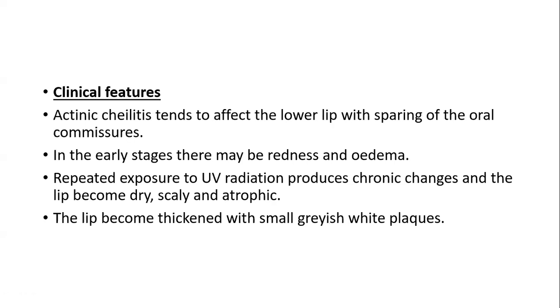Clinical features. Actinic cheilitis tends to affect the lower lip with sparing of the oral commissures. This is the typical hallmark of this presentation. In early stages, there may be redness or edema, but after repeated UV exposures, chronic changes set in, which are dryness, scaling, and lip atrophy.